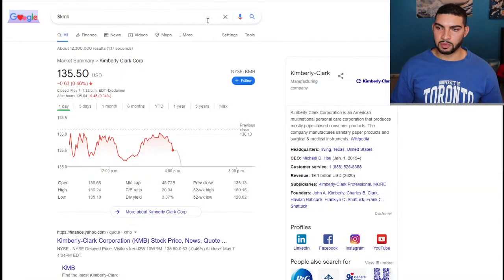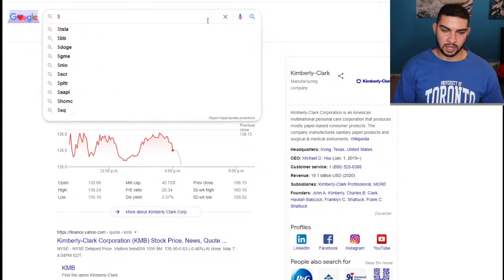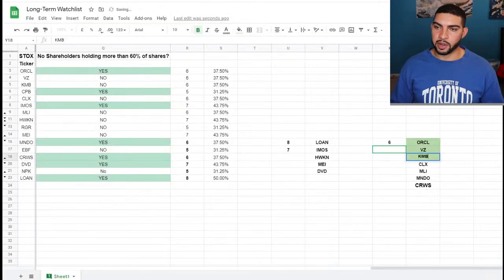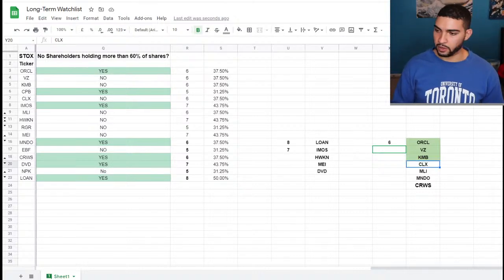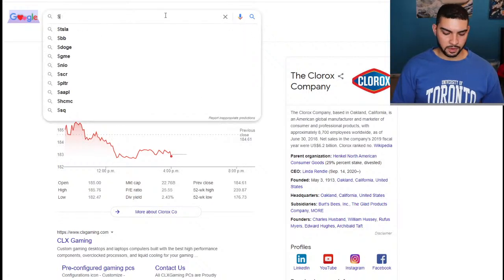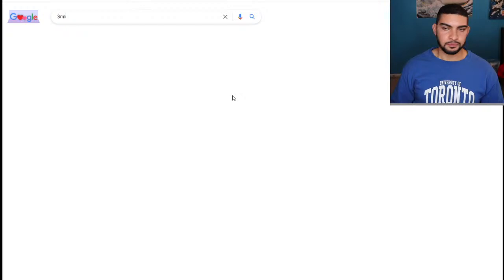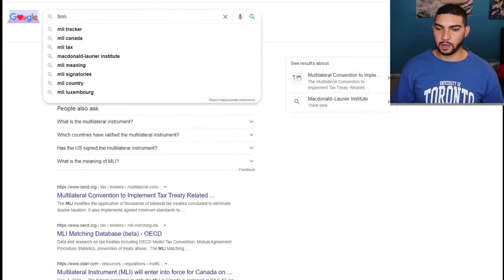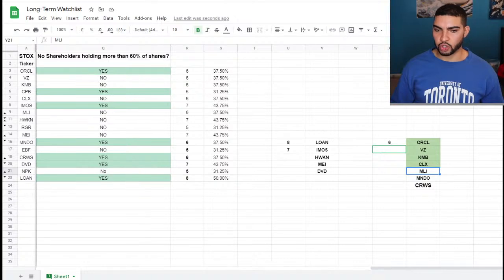CLX probably in the exact same market cap range, or just anything over $2 billion. Am I right? Yeah, $2 billion. Boom. Last but not least, MLI. Oh, okay. See, for companies that are kind of low-key, they won't show.